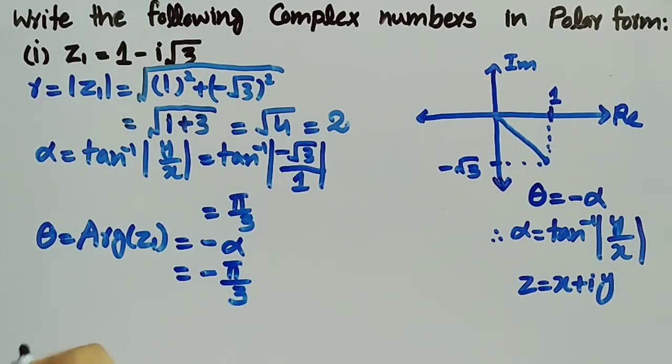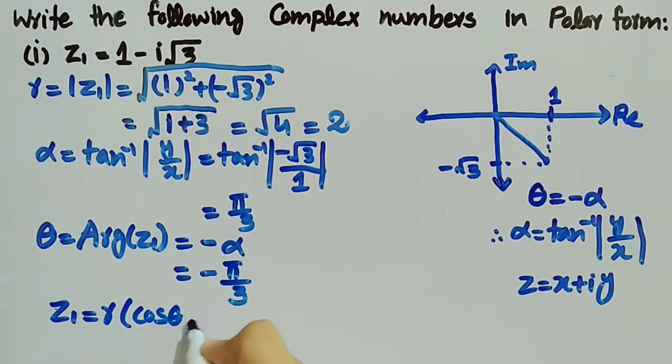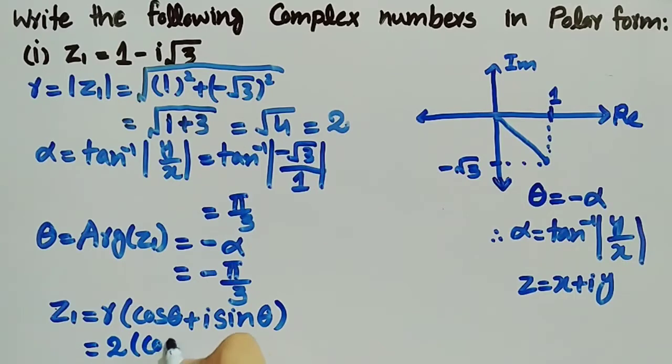The polar form of the complex number is r (cos theta plus iota sin theta). So we will substitute the value of r and theta, and it will become 2 (cos minus pi by 3 plus iota sin minus pi by 3).